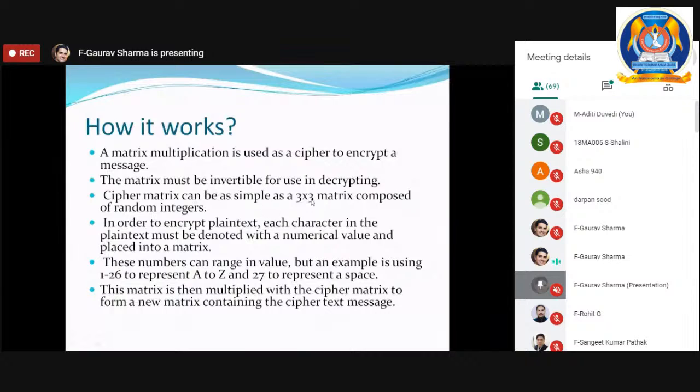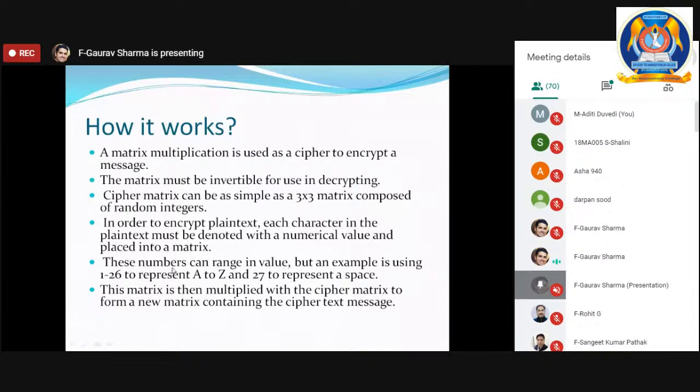If we want to take a 3 cross 3 matrix, then it will take one form. If there is another matrix, then we can use it according to how long our message is. So in order to encrypt the plain text, each character in the plain text must be denoted with a numerical value and placed into a matrix.